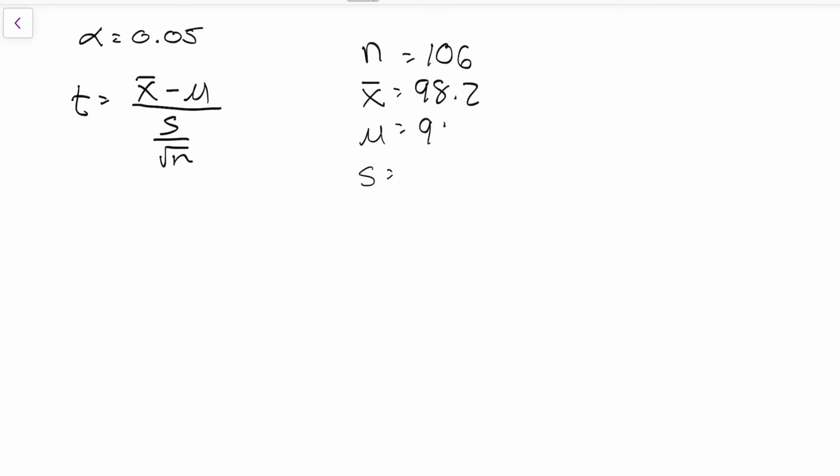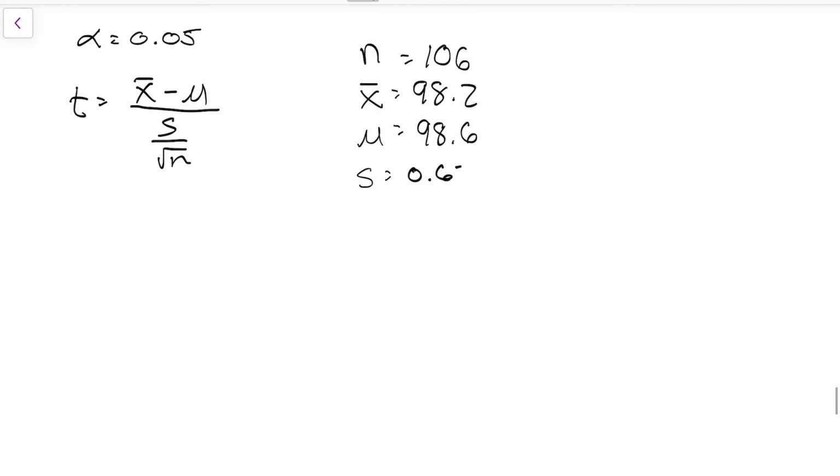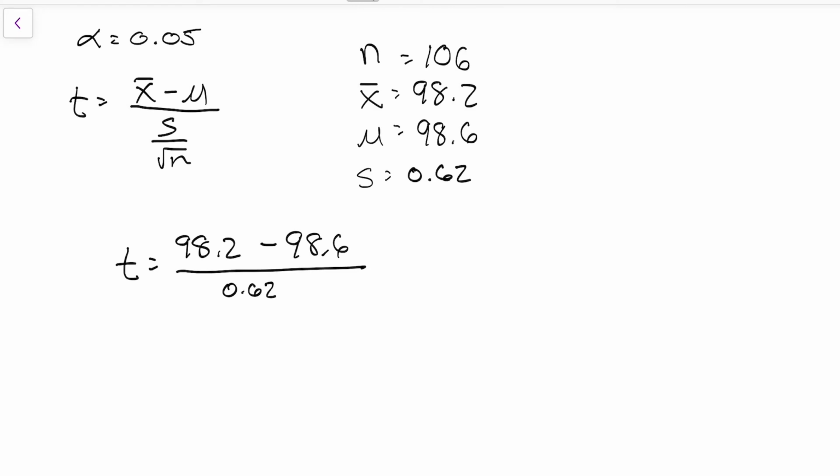Our population mean claim is 98.6. And our sample standard deviation is 0.62. So we can compute our test statistic: 98.2 minus 98.6, divided by 0.62 over the square root of 106. If I compute this and round to 2 decimal places, I get negative 6.64 as our test statistic.